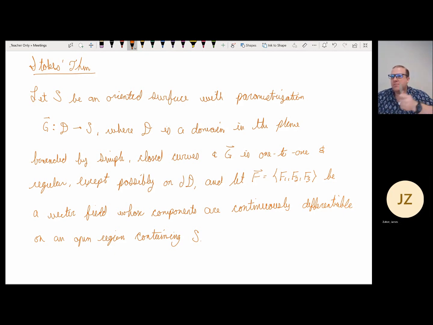Let F be a three-dimensional vector field, so it has three component functions. Each component is continuously differentiable on an open region containing our surface.